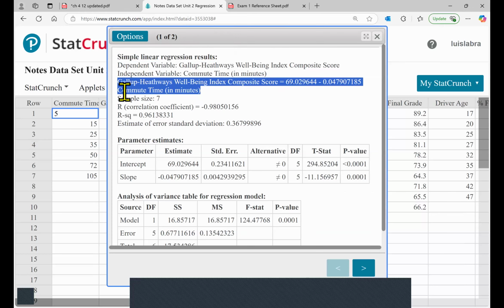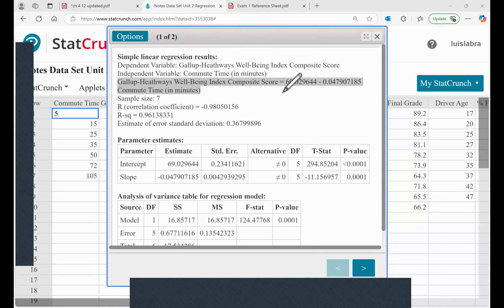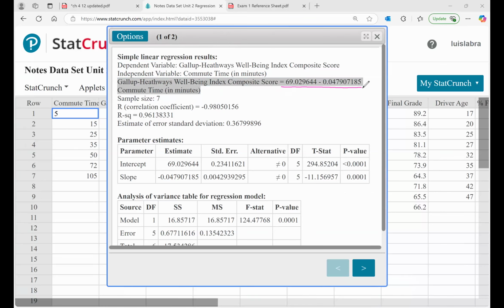If you don't like the fact that this is your equation right here, you can go ahead and recognize that the intercept, the y-intercept, is also given in this table. And so is your slope.